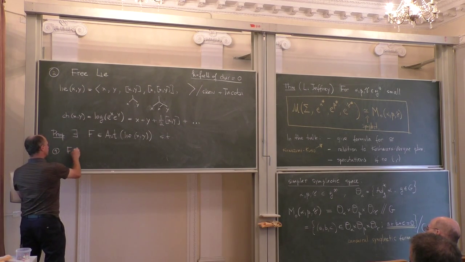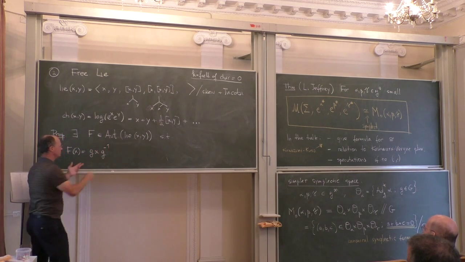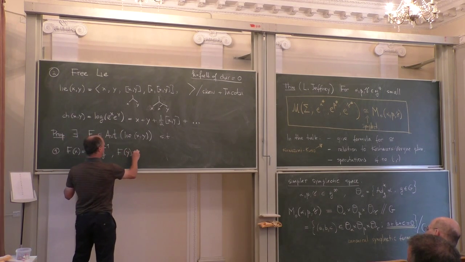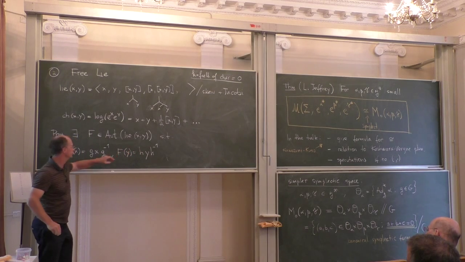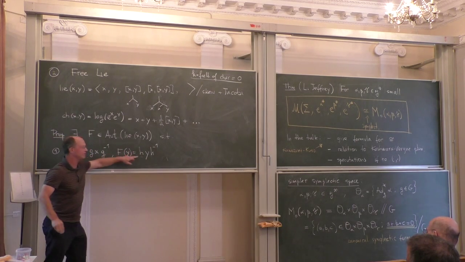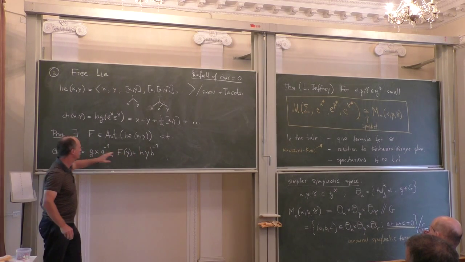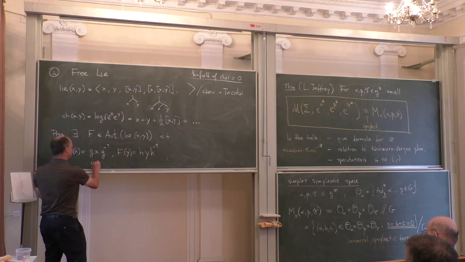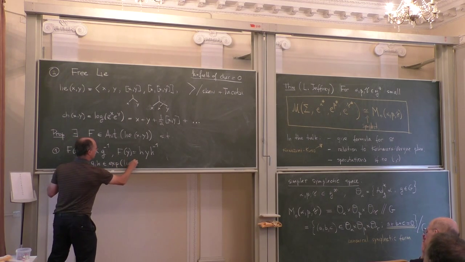The first condition is that the generator x is mapped to its conjugate, and the generator y is also mapped to its conjugate, but possibly by some other element. So if h and g were the same element, then it would have been an inner automorphism. But now this is just an automorphism of this free Lie algebra. So g and h belong to the completion.